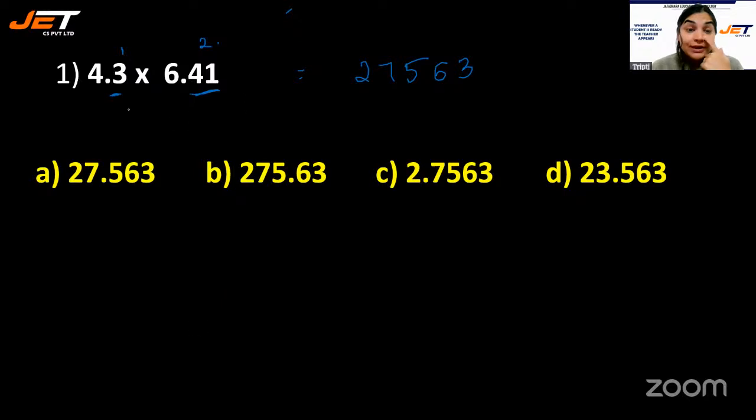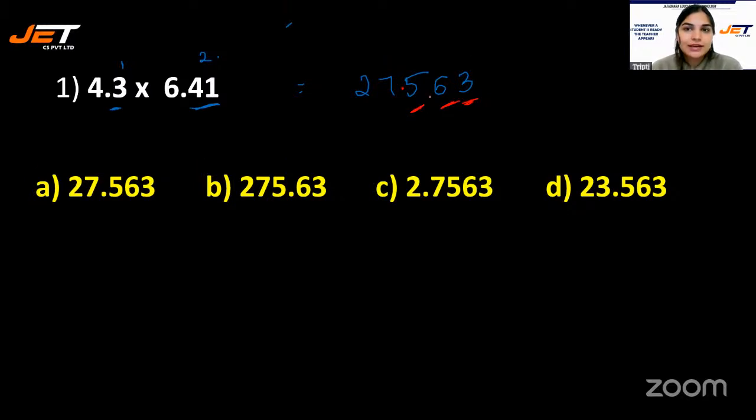Now we have to put the decimal. We have three decimal places, so 1, 2, 3, and put a decimal. I hope it's clear. Now let's go to the next question.